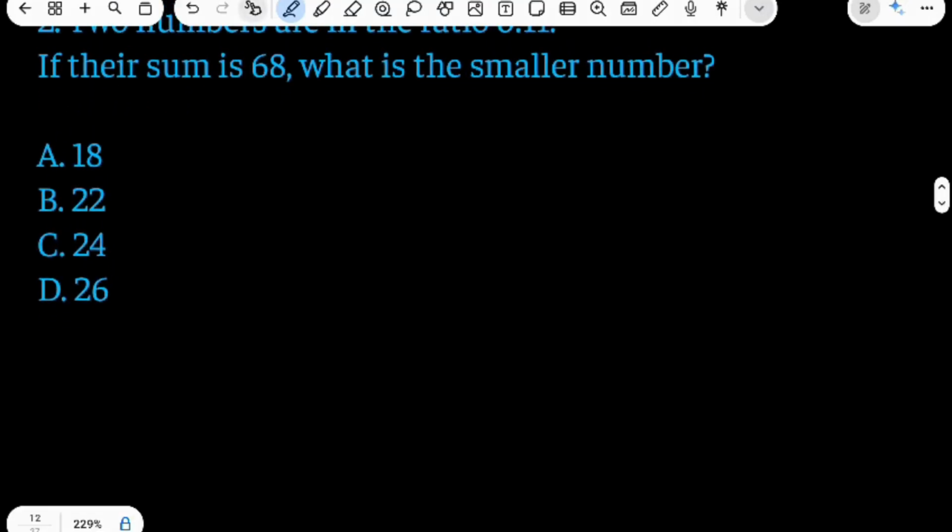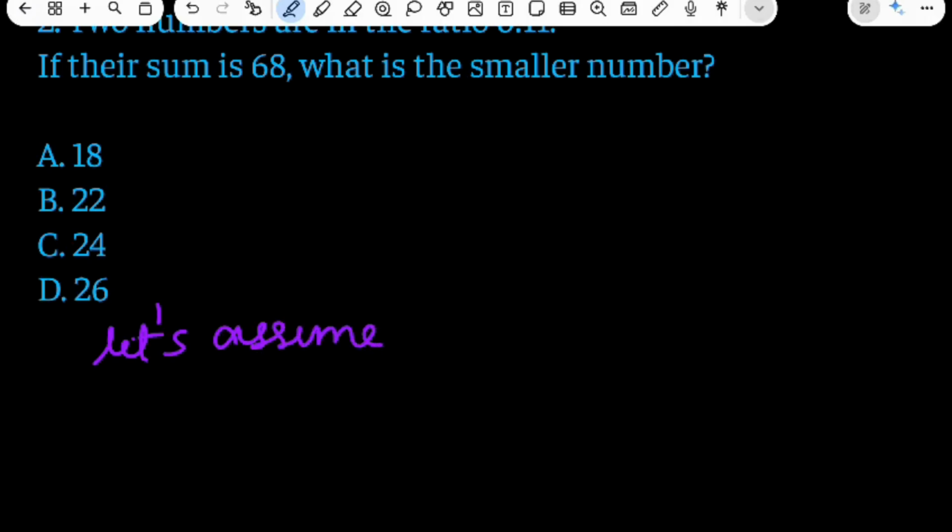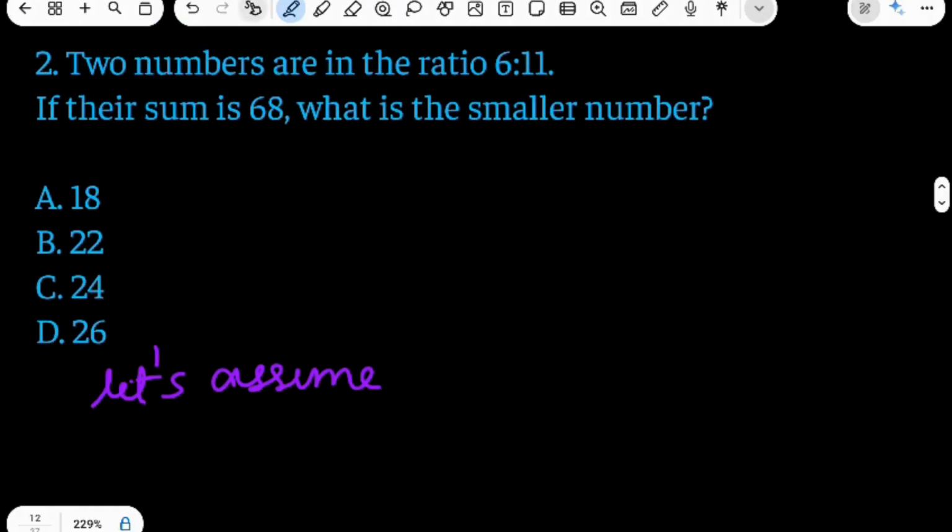Let's assume that the two numbers are 6x and 11x. So the first number is 6x and the second number is 11x. Simple.